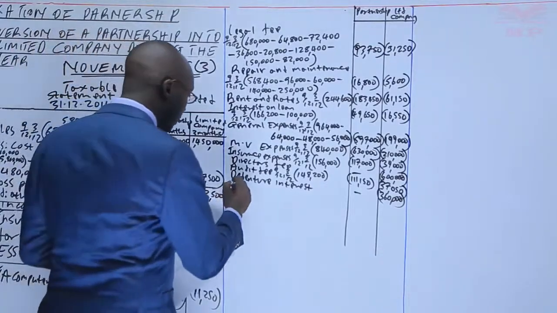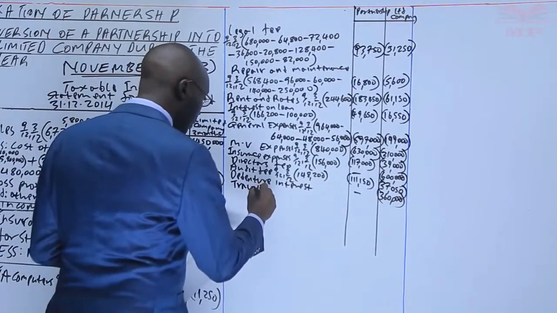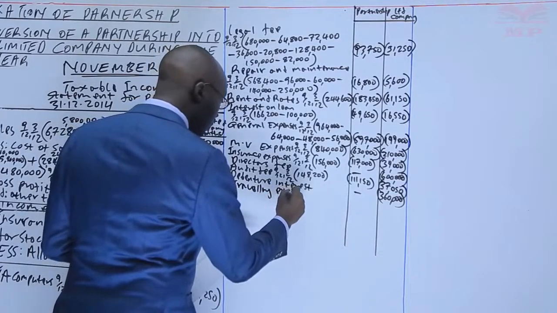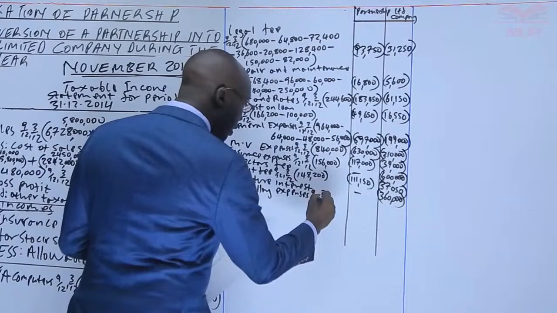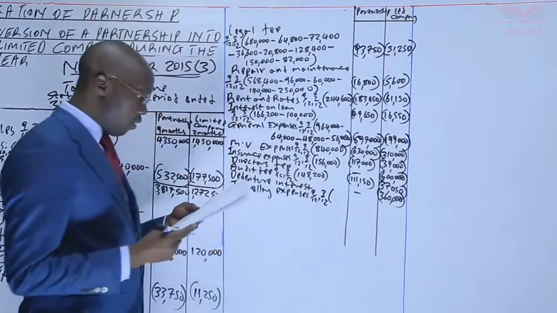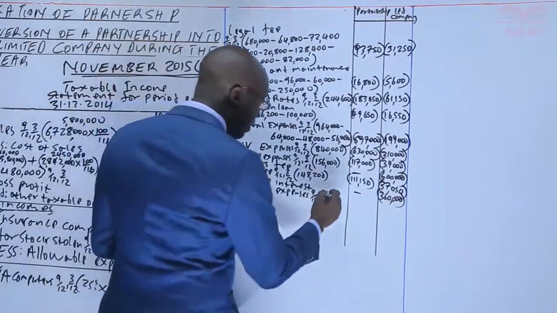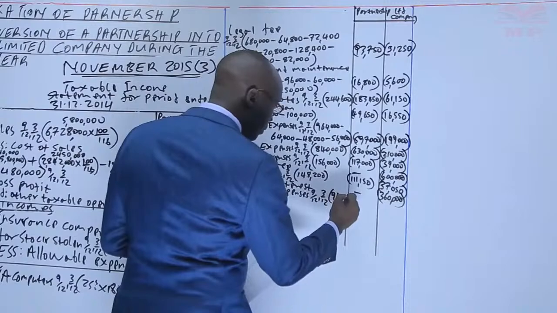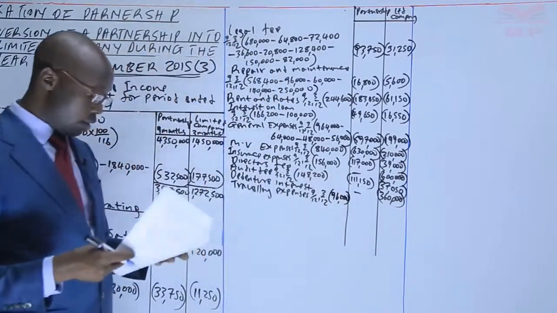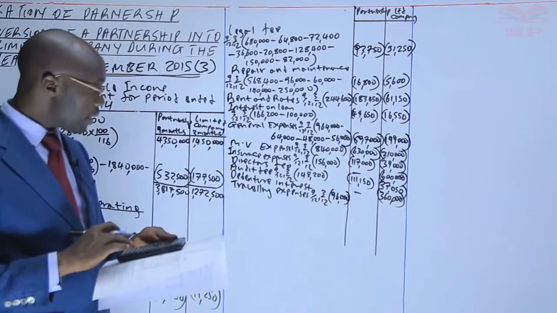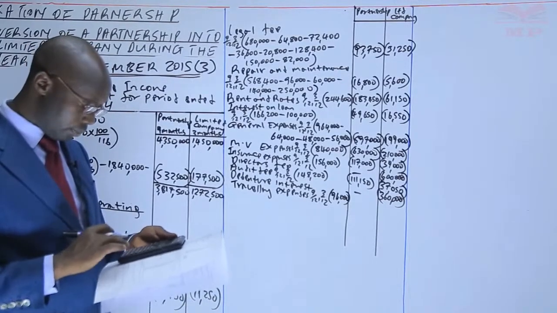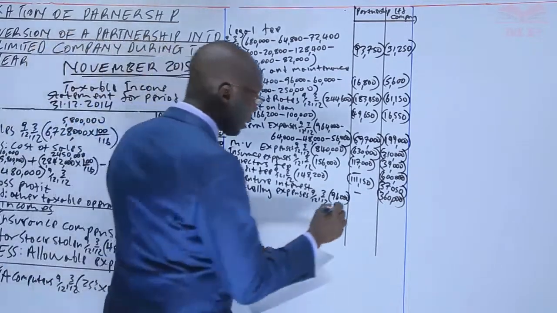So we'll have it here. And it cuts across the board. So 9 over 12 and 3 over 12 of the traveling 96,000. So we'll have 3 over 12 times 96,000. That gives us 24,000 here.